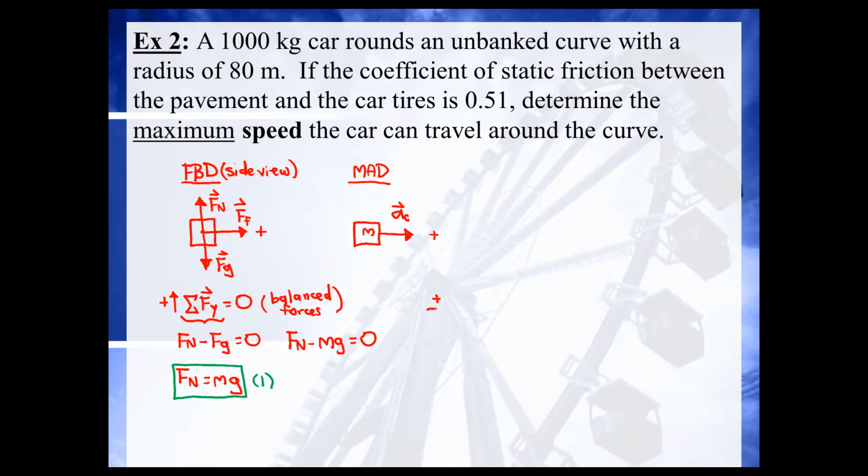So my centripetal direction is towards the center of the circle, so the sum of the forces in the centripetal direction would be equal to mass times acceleration in the centripetal direction. Because I'm dealing with centripetal force and acceleration, the physics principle is called uniform circular motion. Yes, the forces are unbalanced, but we can be more specific because we're dealing with circular motion. So uniform circular motion.